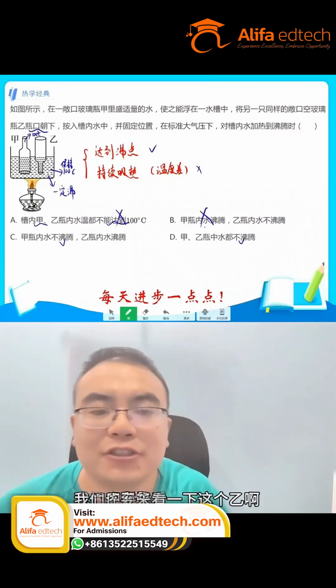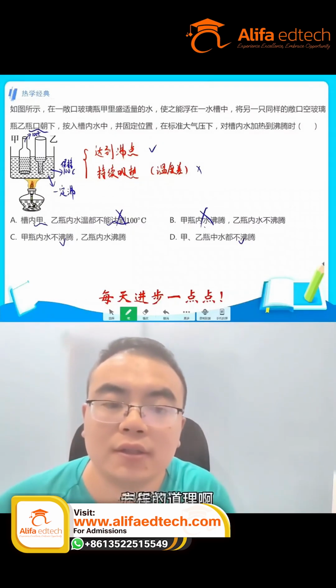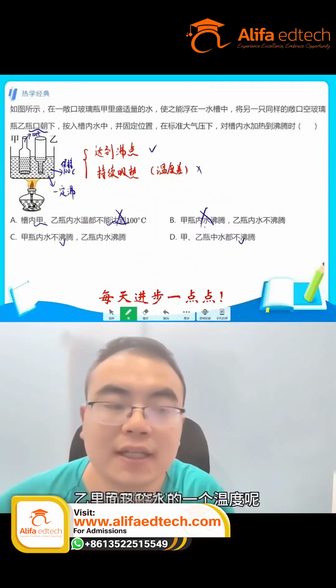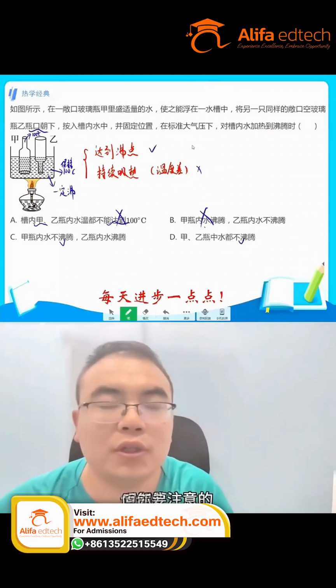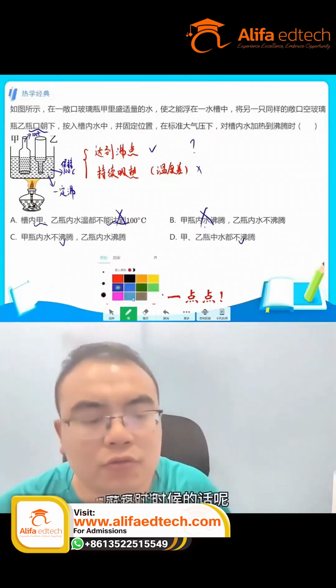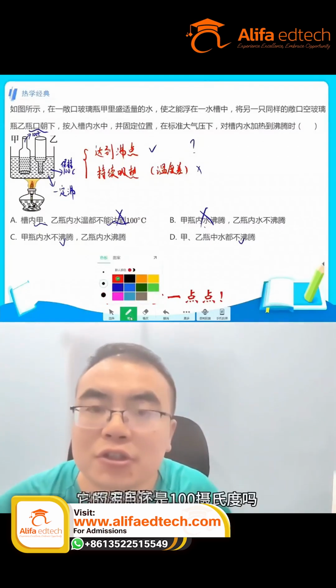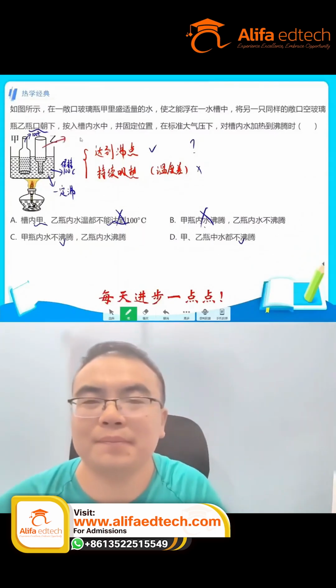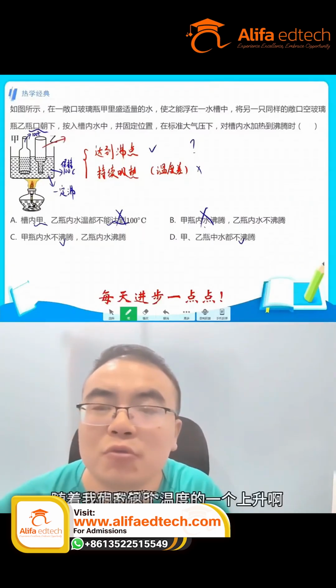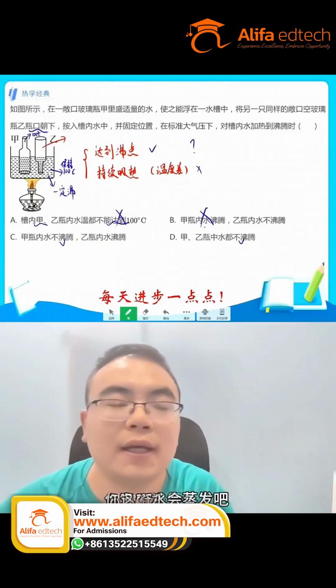For container B, it's the same principle. As time goes on, the temperature of the water inside B can also reach 100 degrees Celsius, but you need to pay attention to this. Put a question mark here. At this point for container B, is its boiling point still the usual one? No, it's not. As the temperature rises, the water will evaporate, right?